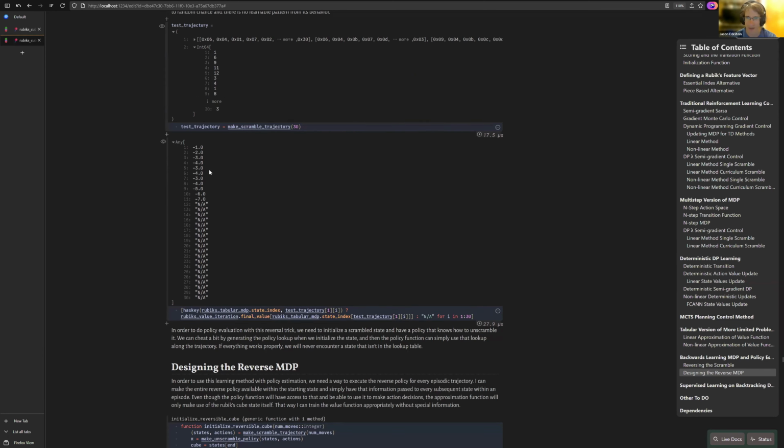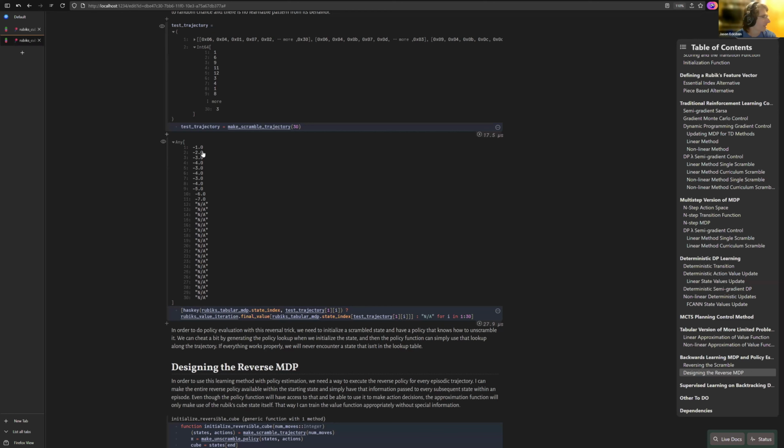And the point is that we want to be able to generalize. If we see a particular trajectory of states, we want to generalize that to a solution that works on any random states that we encounter.